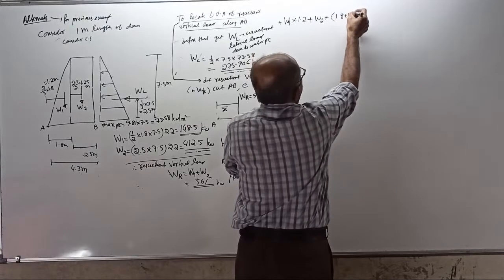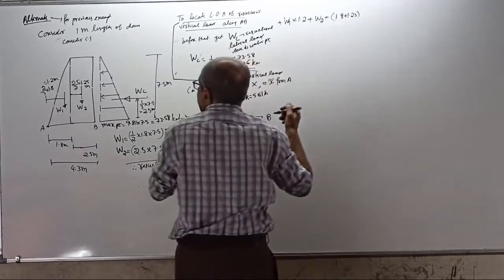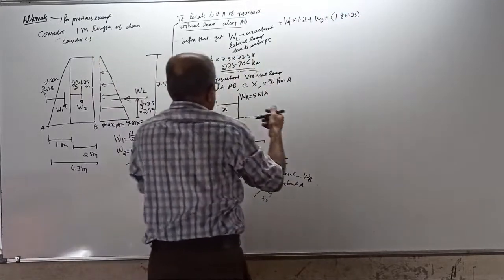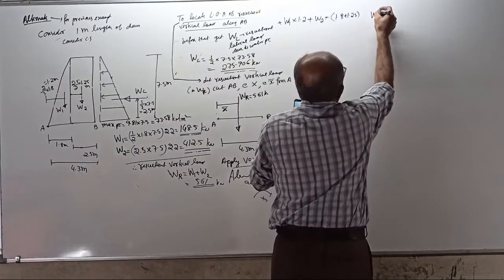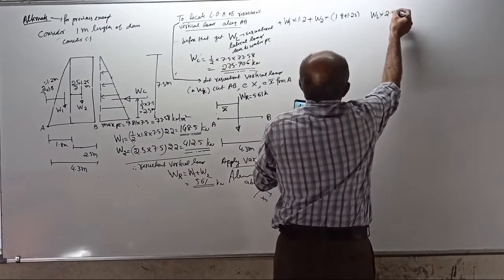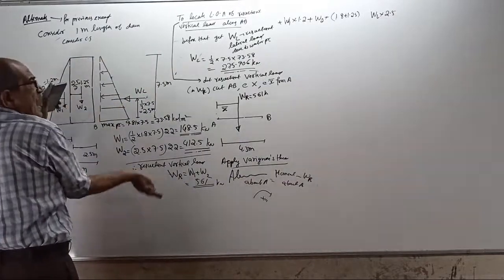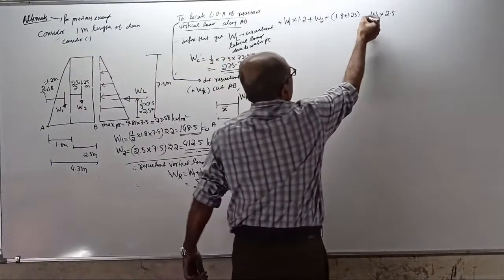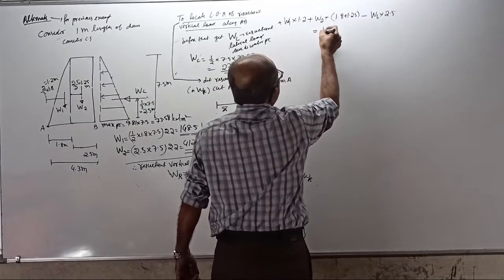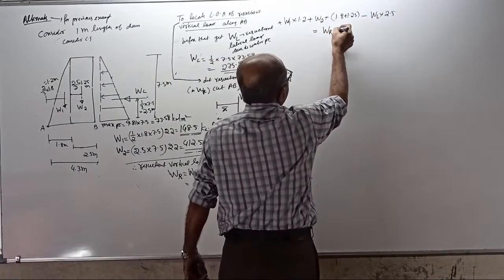Then WL, lateral force, WL into 2.5. Remember, these are clockwise, that is anticlockwise, so minus sign required. Equal to resultant load WR into X bar.